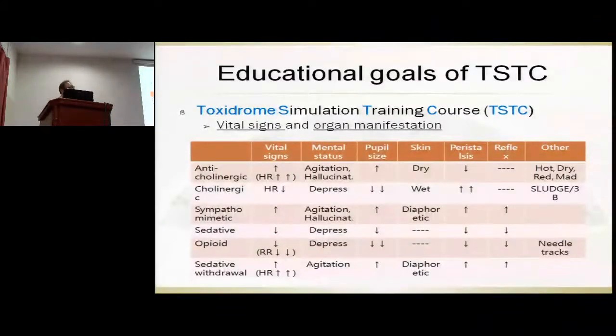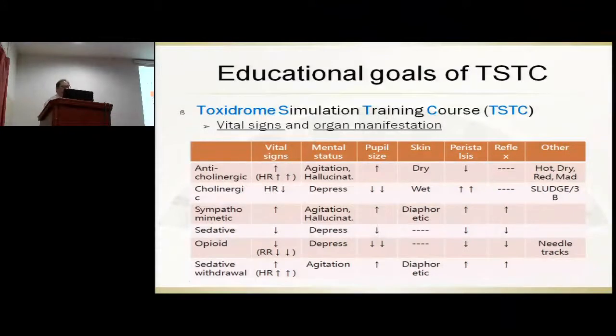So we have our first simulation course, which we call TSTC. T means toxidrome, so this is a toxidrome simulation training course. And we teach our residents just two things. One thing is how to collect clinical symptoms and signs to form a toxidrome. This is diagnosis.